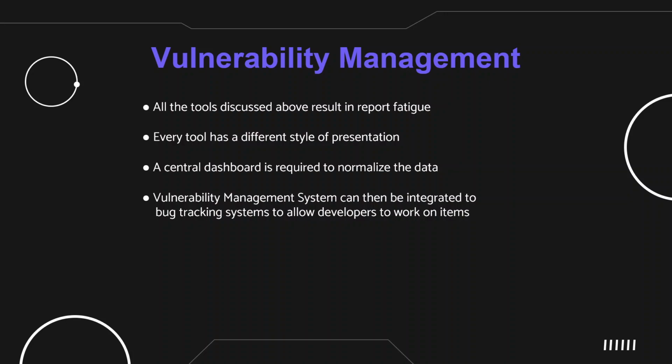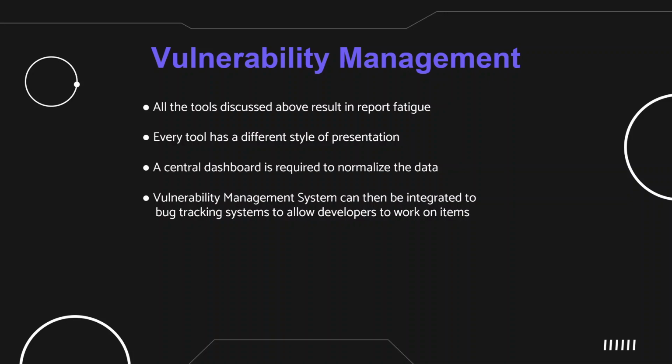To reduce that time, we have created a central dashboard, a vulnerability management system, where you can get the list of vulnerabilities according to the tool. Let's say you have run a scan with a SAST tool; you will see the report of that SAST tool in the vulnerability management tool.